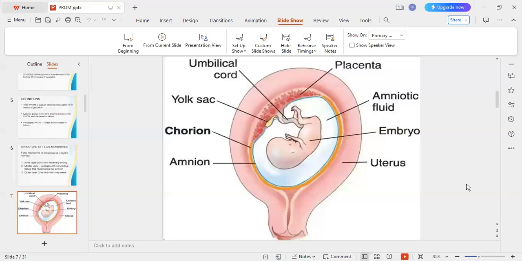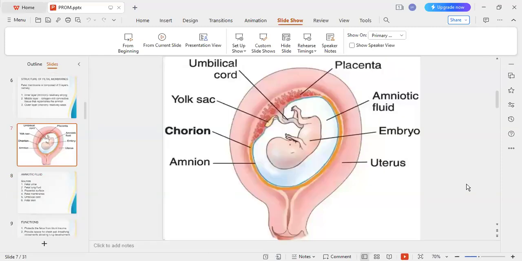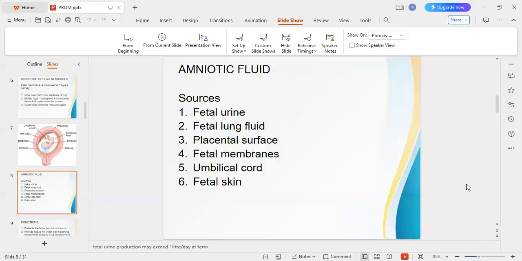So we have the chorion, which is on the outer part, the amnion, and we have the amniotic fluid with the fetus in the middle. We also talk about the amniotic fluid. In the first half of pregnancy, this amniotic fluid usually is produced by the placental surfaces, the fetal membranes, umbilical cord and fetal skin.